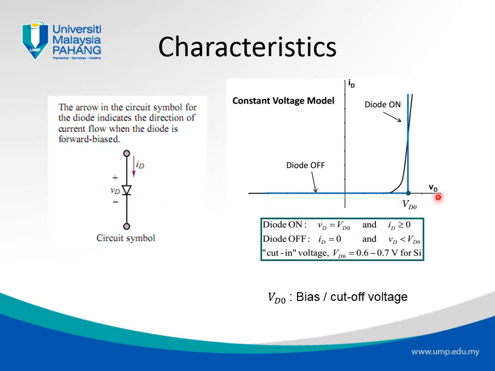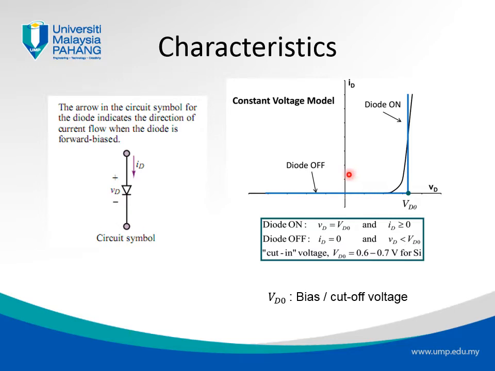So if we look into the curve or the characteristic of the voltage of the diode versus the current across the diode, what we can see is that as we supply voltage, here is 0, as we supply positive voltage, or forward bias, I would say, in terms of diode, there will be no current.